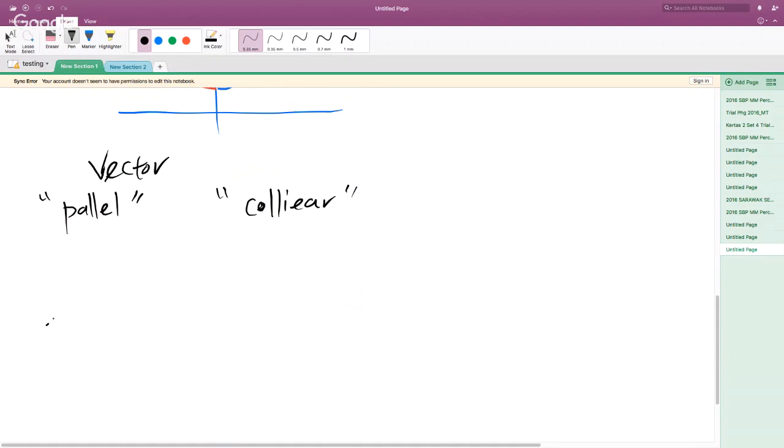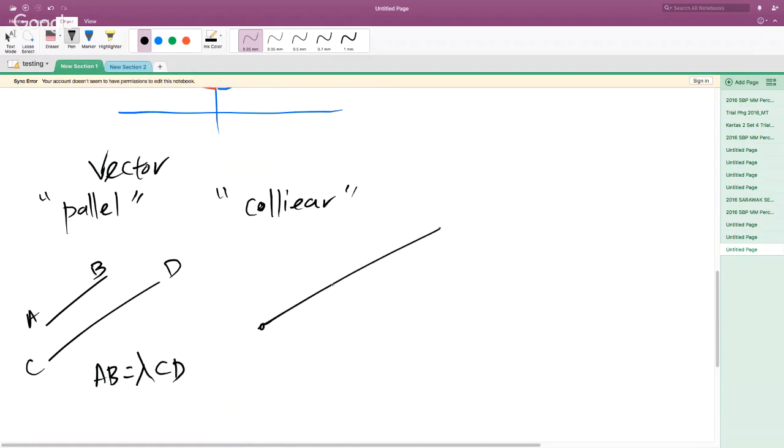Okay, parallel. Let's say this is AB, and this is CD. So I can say AB is equal to lambda CD. But for collinear, maybe A, B, and C are on the same line. That's why we call it collinear. Then I will just say AB equals lambda BC.